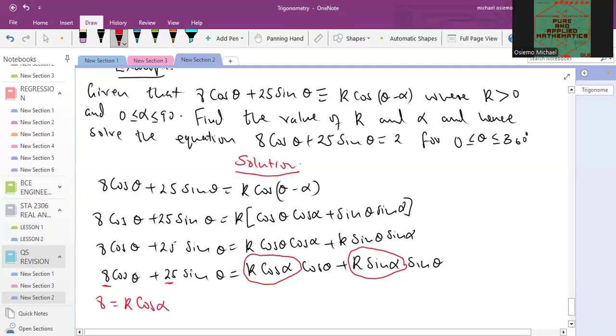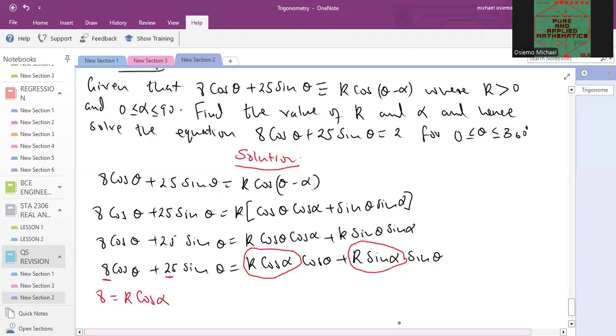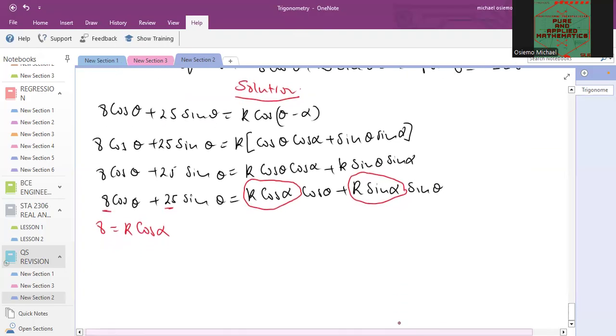And also, 25 will be equal to R sin alpha. We have said that if this is the case, then cos alpha will be equal to 8 over R, and sin alpha will be equal to 25 over R.